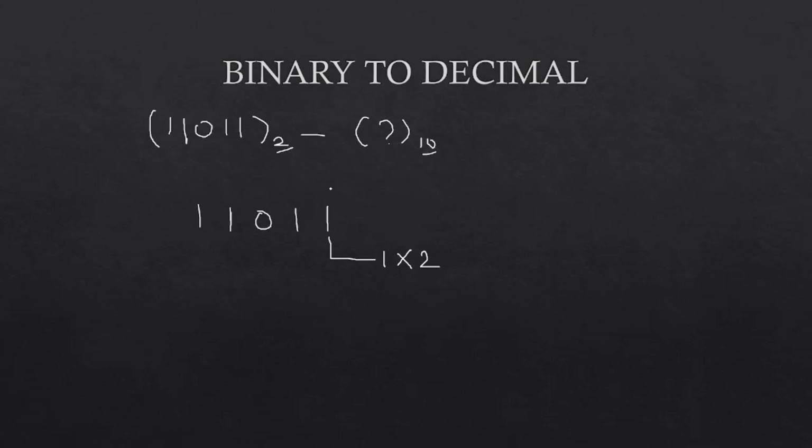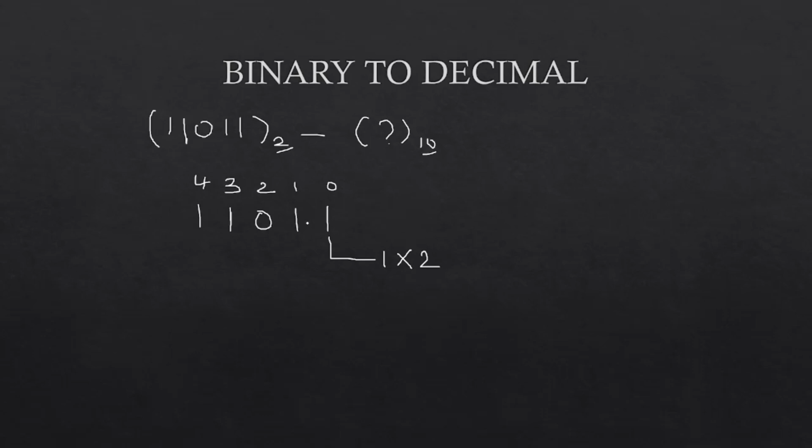The position will start with 0, so 0, 1, 2, 3 and 4. Clear? You start from the last element. In mathematics we start with 1, 10, 100 from the last position, right? The same way here also, 0, 1, 2, 3, 4, like that you have to start.